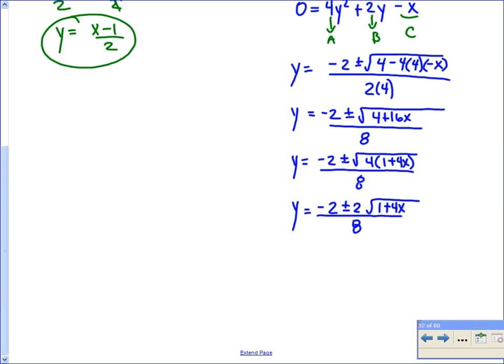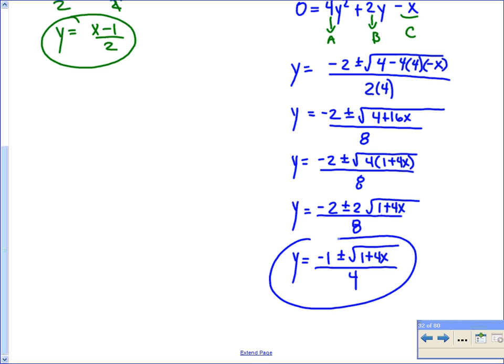All right, and then the 2 and the 8 each have a factor of 2, so I'm going to simplify that. And this is what we get. This is going to be our inverse relation. We're not sure yet whether or not that would be a function.